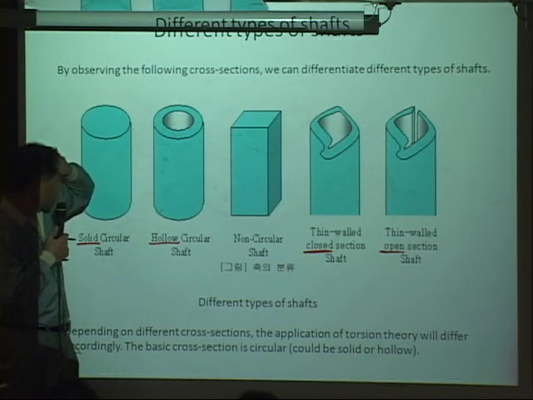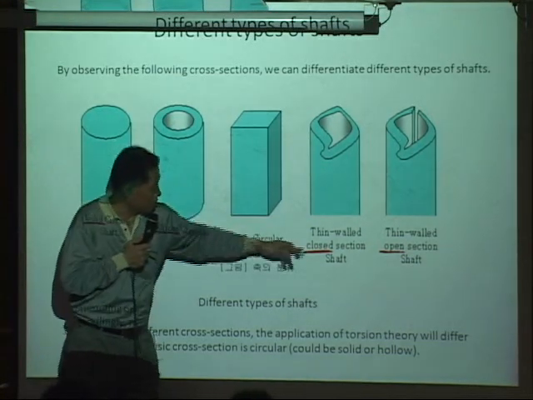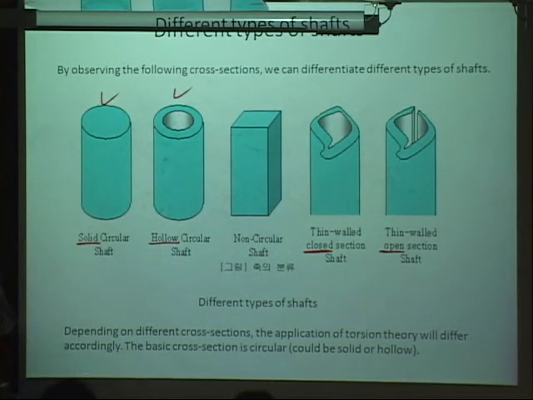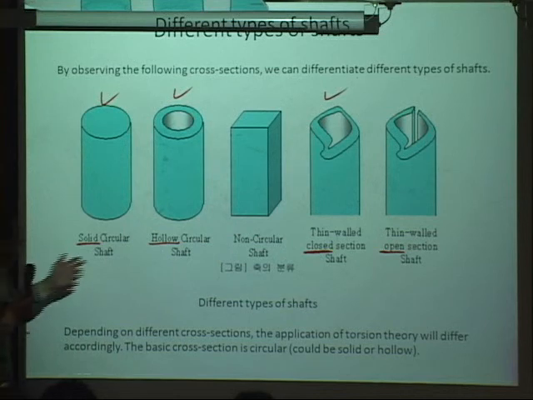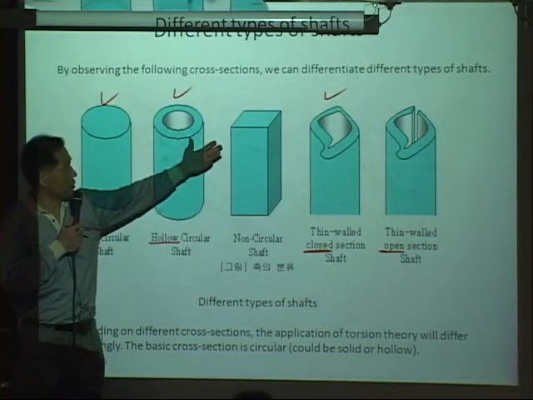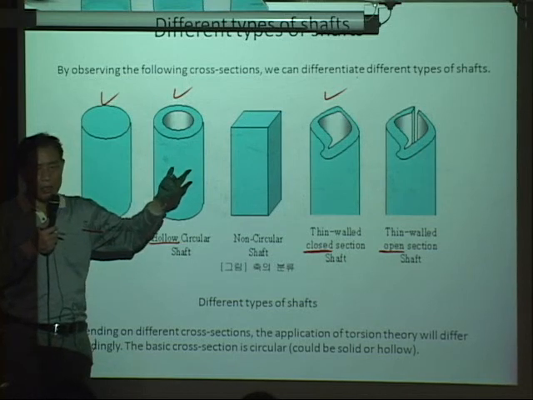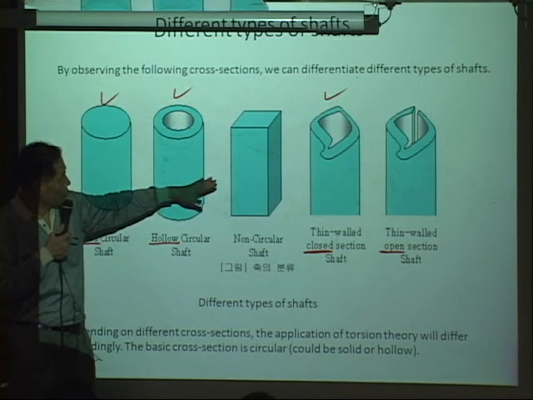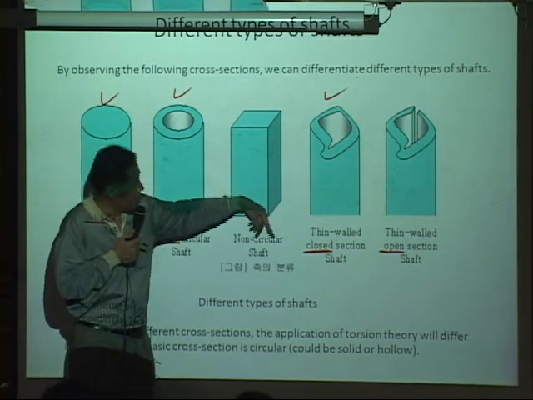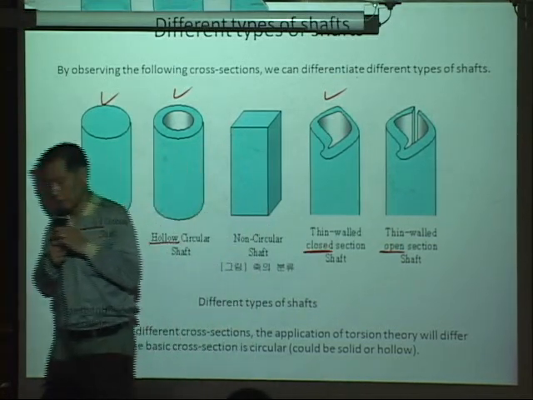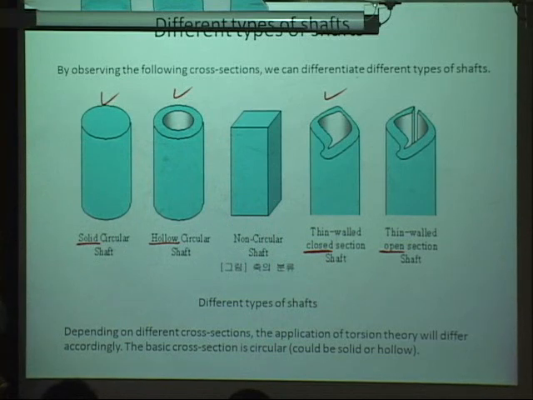shafts, and for the thin wall cross section, we will cover this and this one. The other non-circular shafts, like rectangular, require a lot of complicated theoretical derivation, so we will not cover this one. And thin wall open section is also a little different subject.